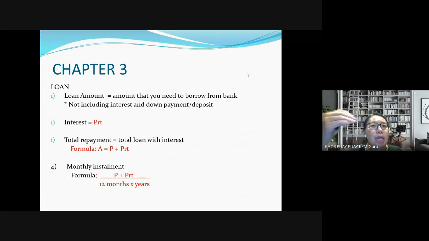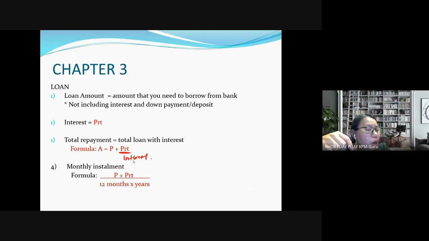And when you pay a loan, you must remember a few things: how to calculate the interest, and how to calculate the total repayment, which is the loan that you owe the bank, we call principal, together with your interest. PRT is your interest. This formula is already on your front page, as shown there. So if you can't remember, you can go back to the formula page and look at it.